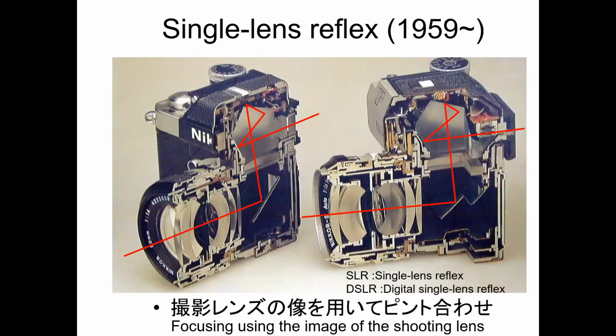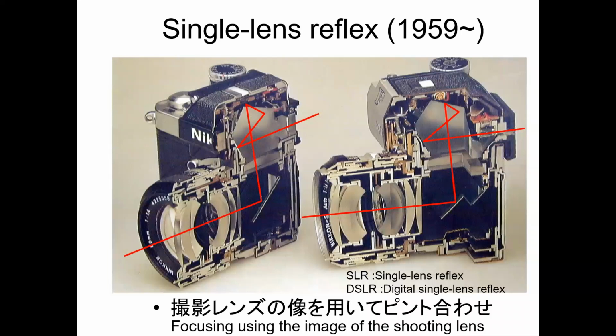It makes the light bounce 1, 2, 3, 4, 5 times. The shape has 5 faces, so it's pentagonal, like a pentagon. There's a camera maker called Pentax.